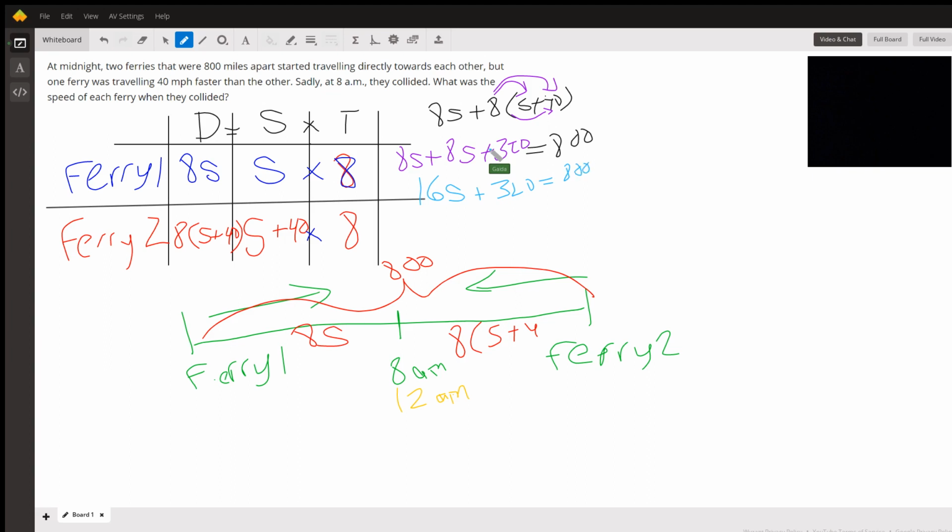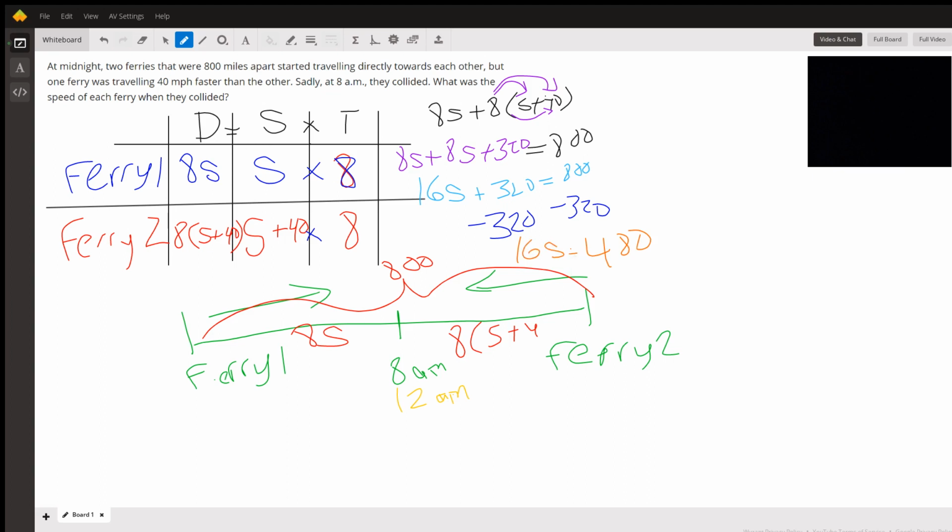Now, we want to solve for S, so we have to subtract 320 from both sides. From there, we get 800 minus 320, that's 480. So we have 480 on this side, and 16S on this side.